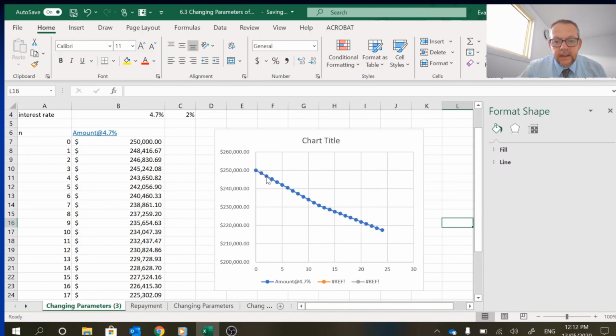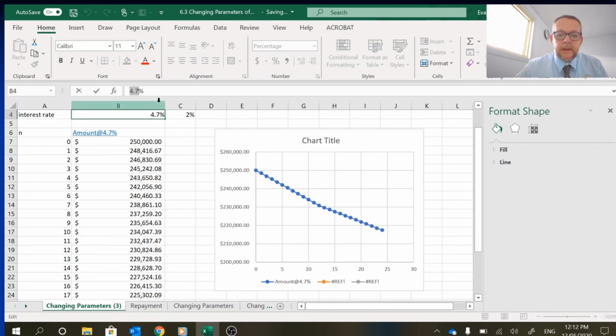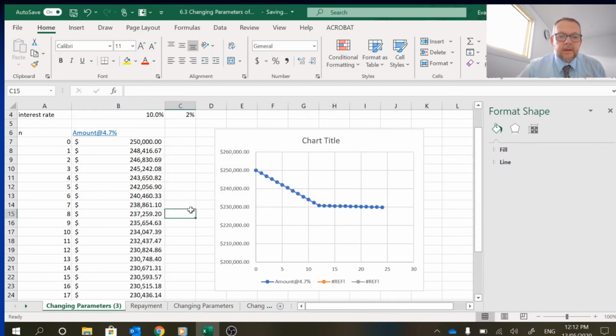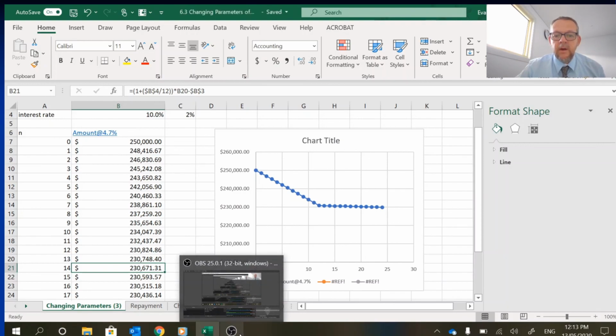You can see that this is increasing at a faster rate. It's a little bit harder to see. So let's change this up to something big then, just to really make that stand out. So what we can see is 2% for the first 12 months, and then a change after 12 months. At 13 months, it has gone to 10%, and that has really slowed down the reduction of the balance of the home loan.